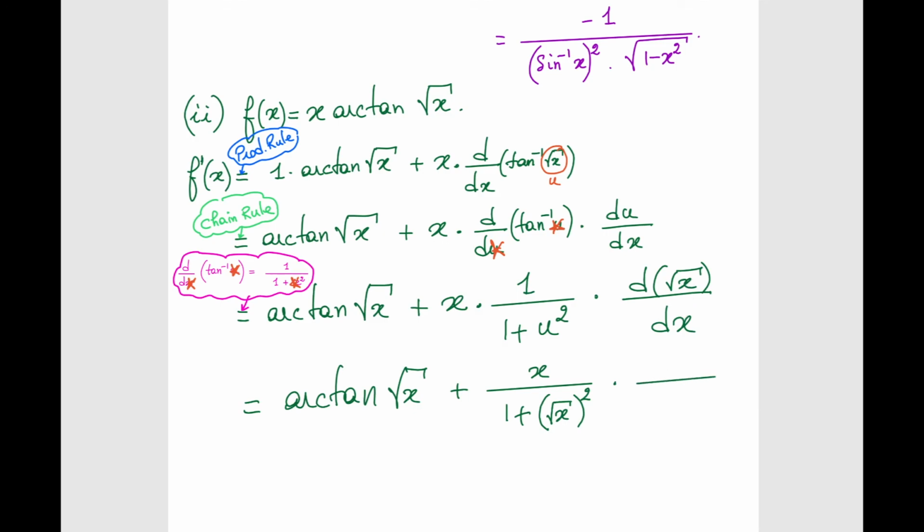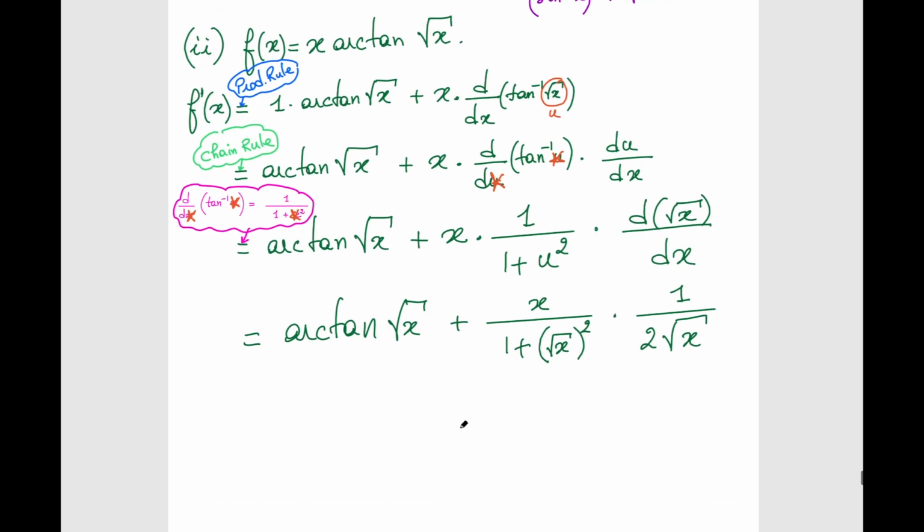That's how much? 1 over 2 square root of x. Okay. All right. And what's the square of the square root of x? That's simply x, correct?